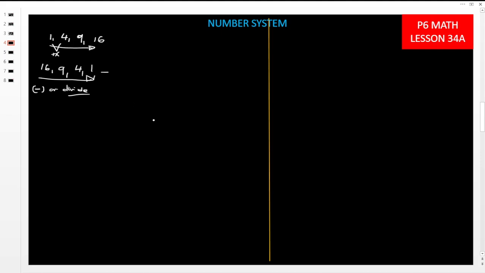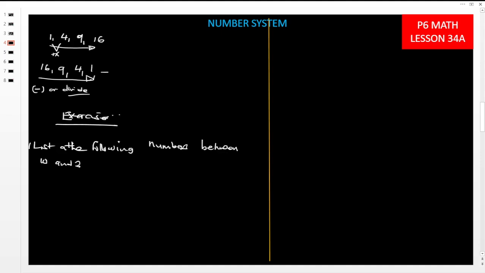Right, now you do for me this activity. Let us look at this exercise. Exercise 1: list the following numbers between 10 and 20.